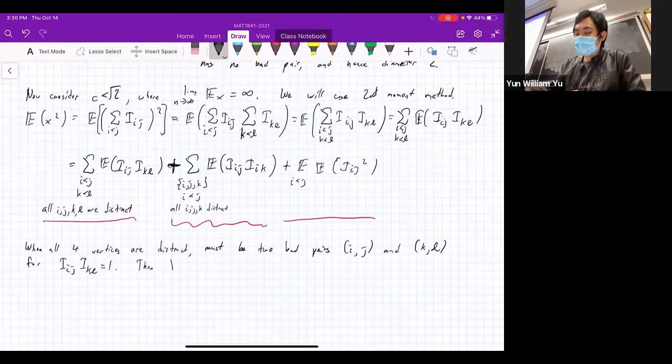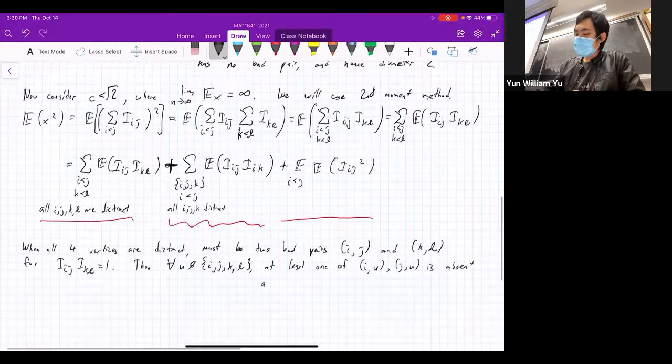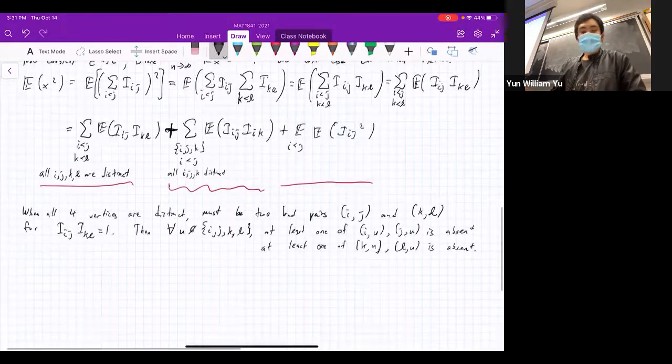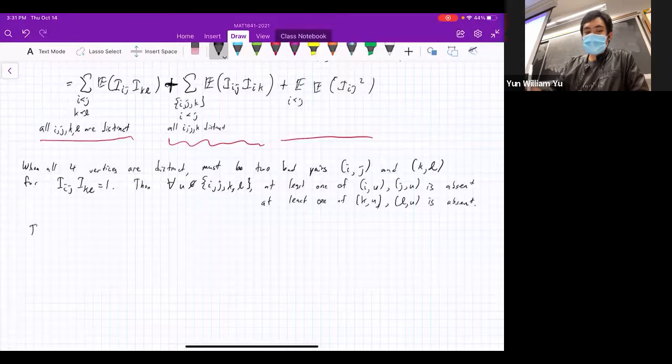Well, then that means that for all u not in i, j, k, l, at least one of iu and ju is absent, and at least one of your ku and lu is absent. Okay, because both of them have to be bad pairs. Well, what's the probability of both absences?